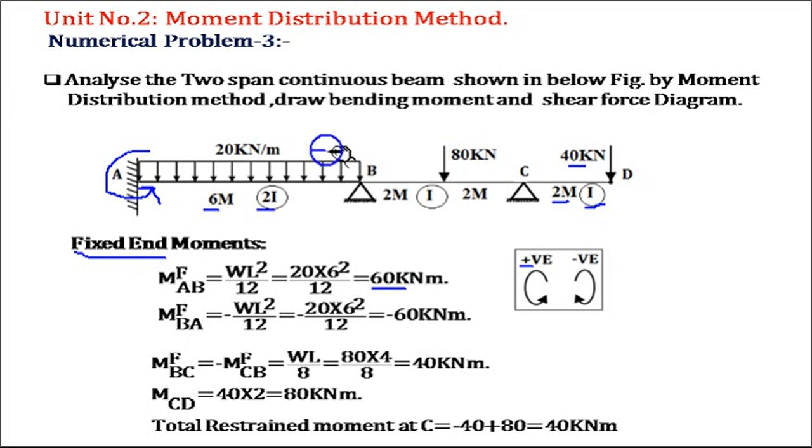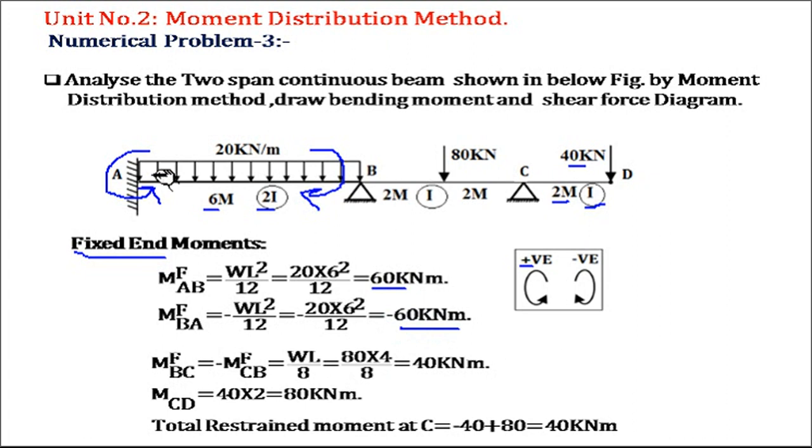Now the fixed moment in member BA due to the given load of 20 kN per meter will be in clockwise direction. As it is acting in clockwise direction, as per the sign convention it is minus, and the formula is minus WL square by 12. Putting the values of W and L, the fixed moment in member BA is minus 60 kN meter. Now fixed moment in member BC.